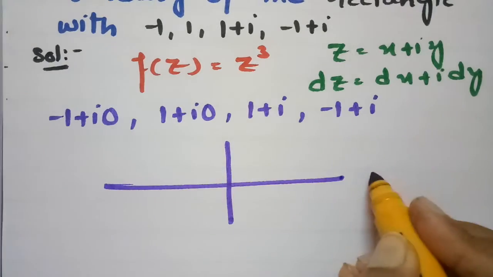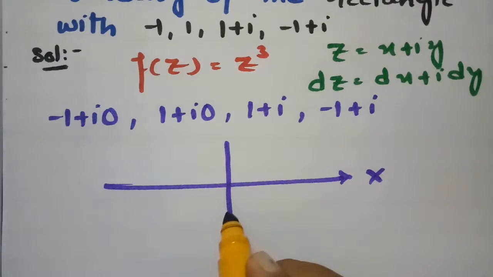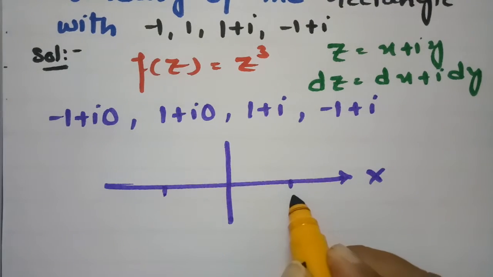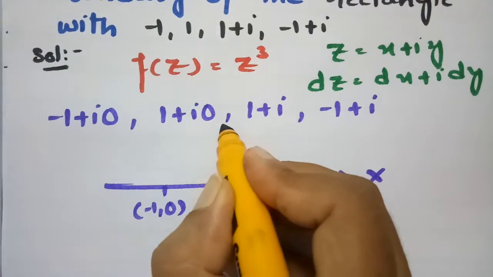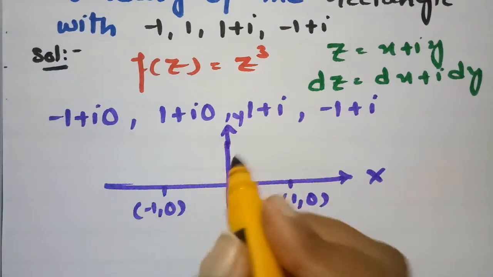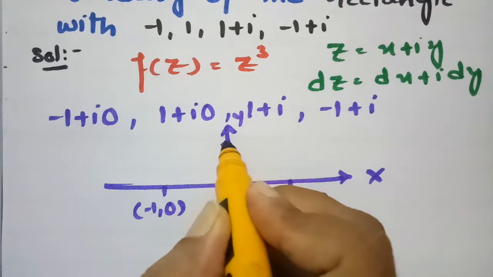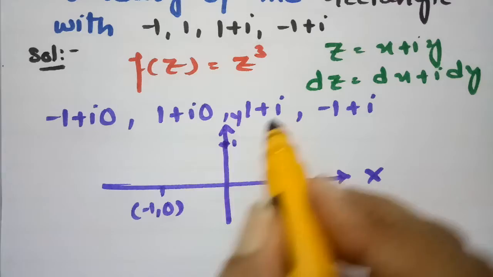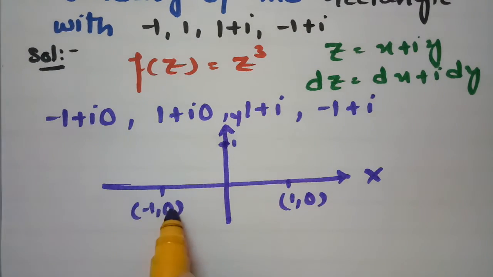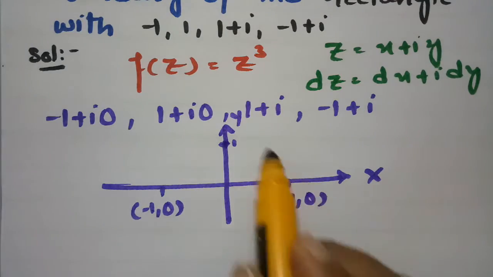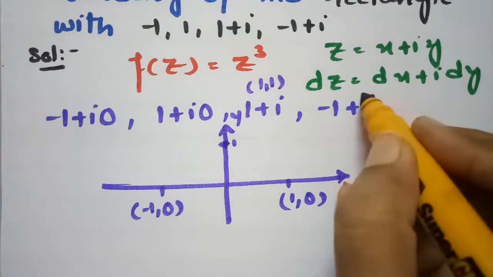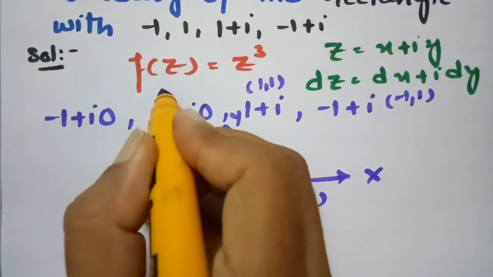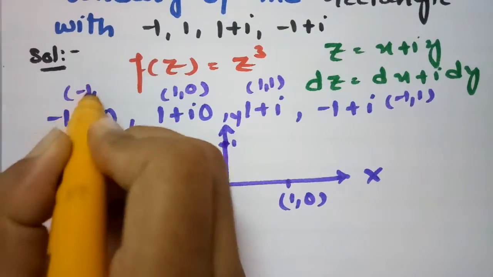As you know, this is the x-axis and this is the y-axis. Here this is the point 1 on the x-axis and this is the point -1 on the x-axis, where y is 0.